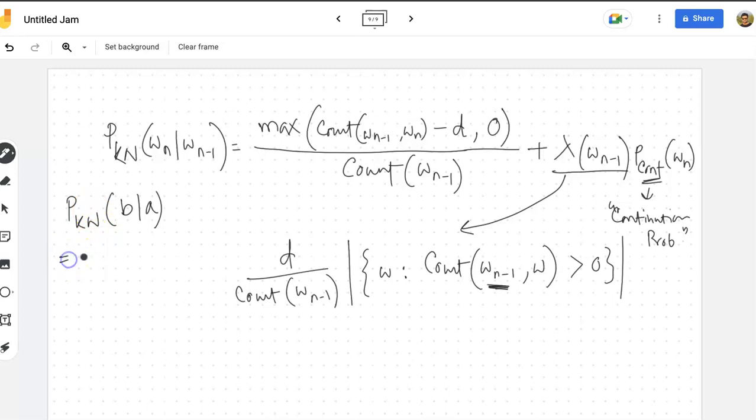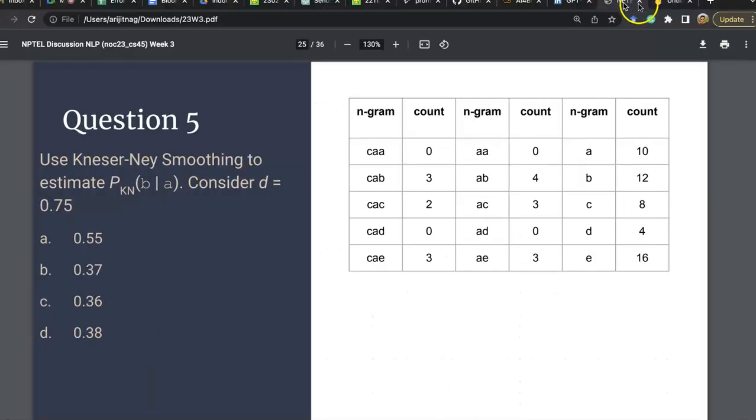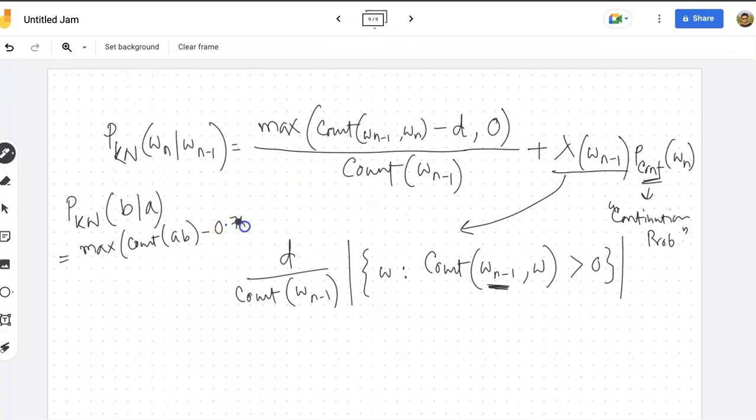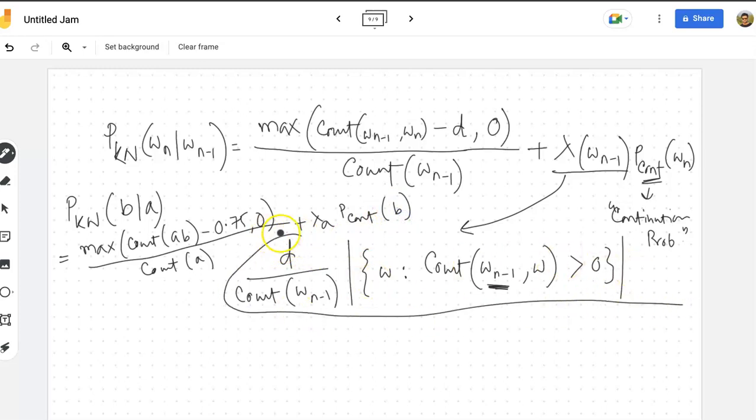So it will be max of count AB minus D, comma 0, where D is given as 0.75, divided by count of A, plus lambda A times the continuation probability of B. So this is the thing we need to calculate.